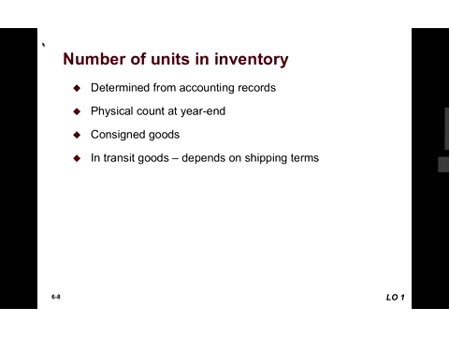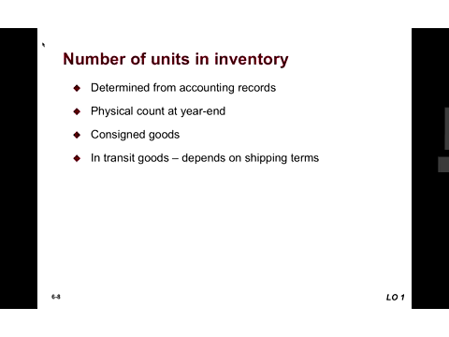Okay, now when we talk about the number of units in inventory, we know that because we keep track of it in our accounting records. When something is sold, we account for it as sold. When we purchase, it goes up. We do a physical count at year-end to make sure that errors have not occurred.